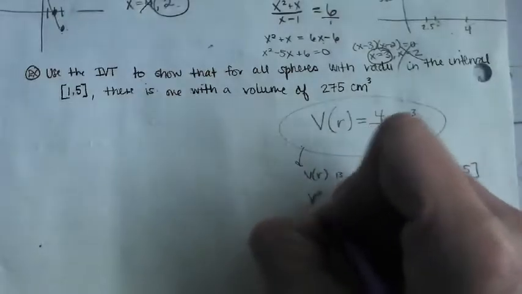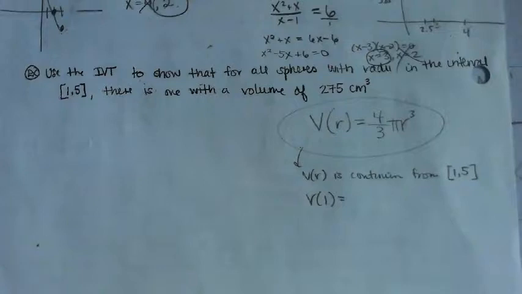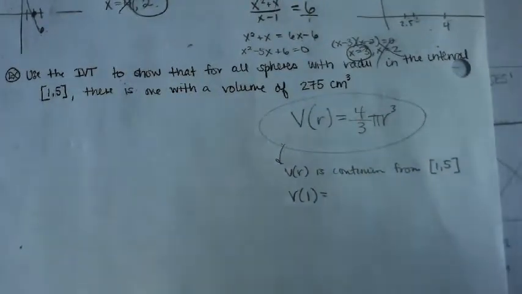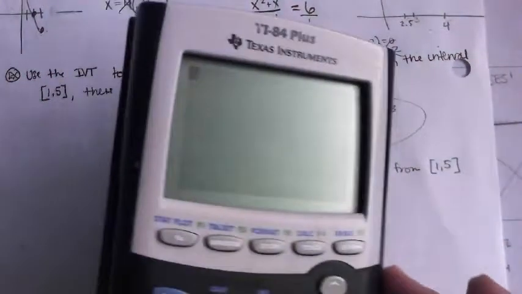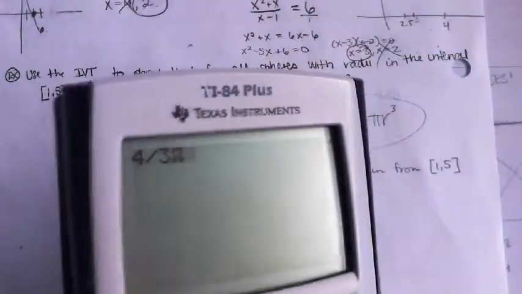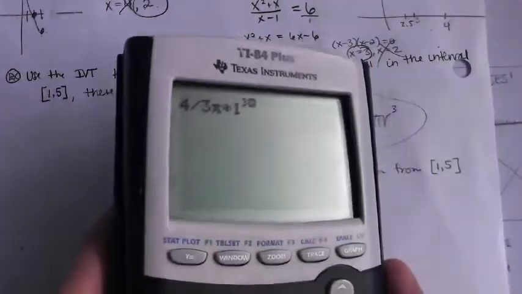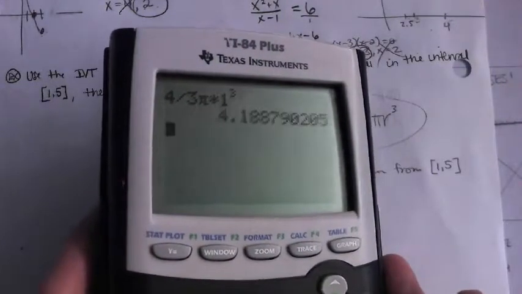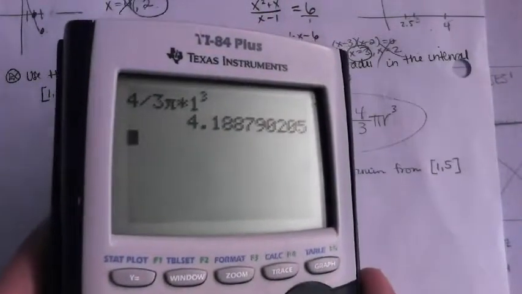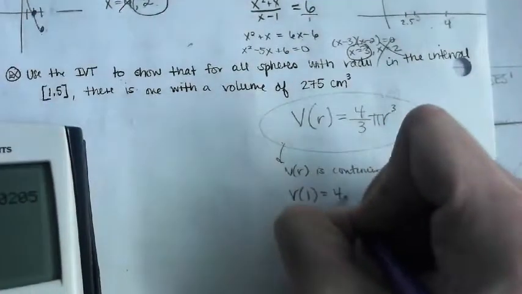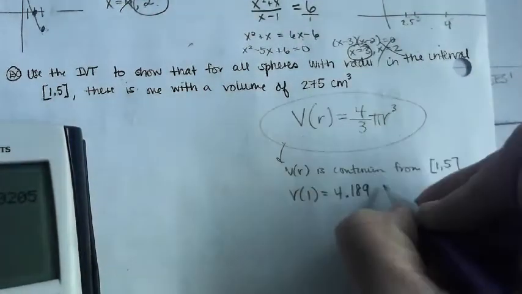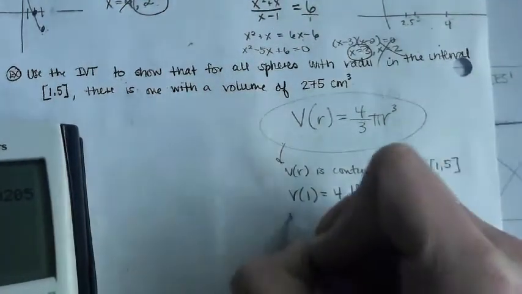And then V of 1, the volume when the radius is 1, I'll just do 4/3 pi times 1 cubed, 4/3 pi r cubed. That volume is 4.189 centimeters cubed.